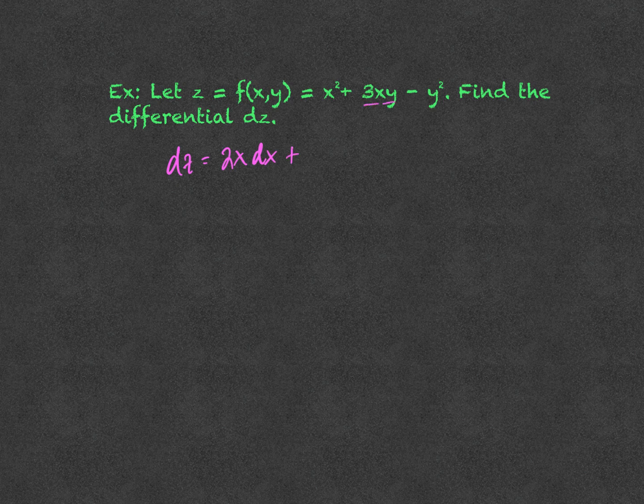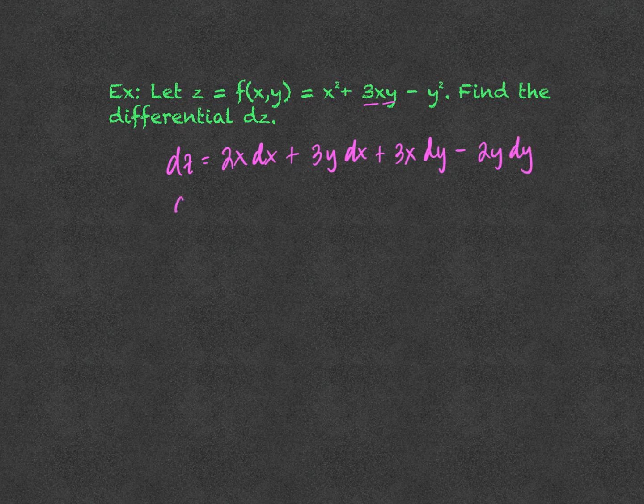So I'm going to keep the 3 with the x. The derivative of 3x is 3, and we keep the y with respect to x, plus the derivative of, we keep the 3x, and the derivative of y is 1 dy, minus the derivative of y squared is 2y dy.